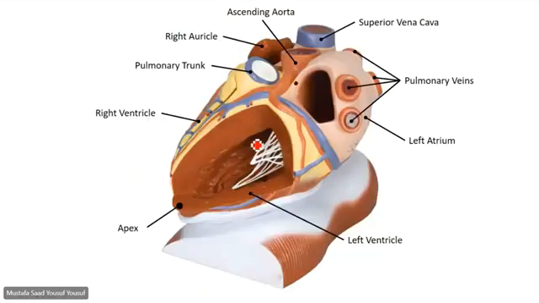Now this is the same model after removal of the major vessels. Here we have opened the left atrium. The left atrium on the inside does not have many features.